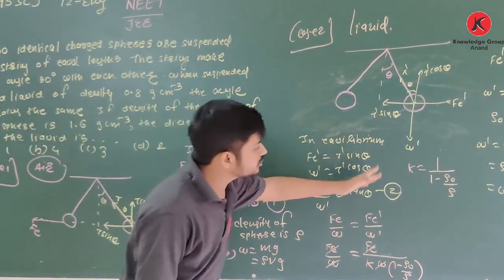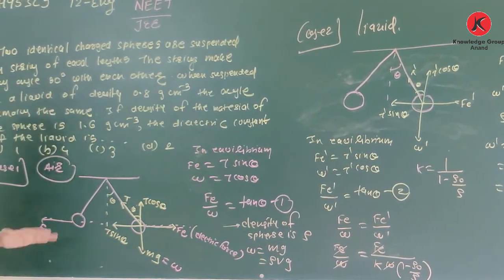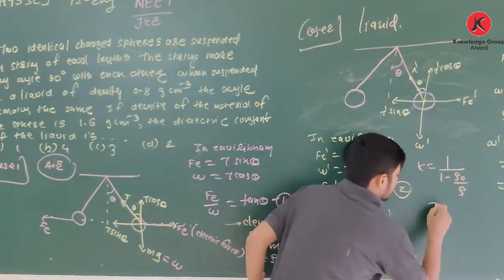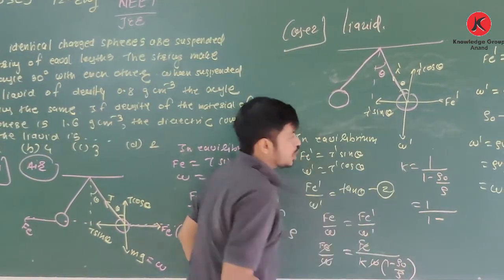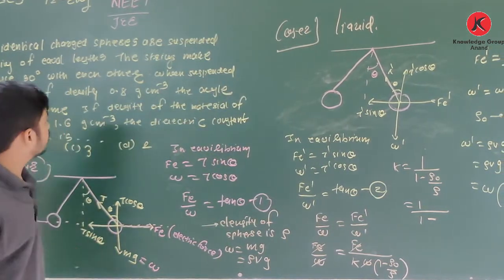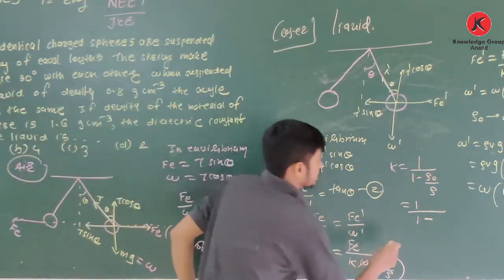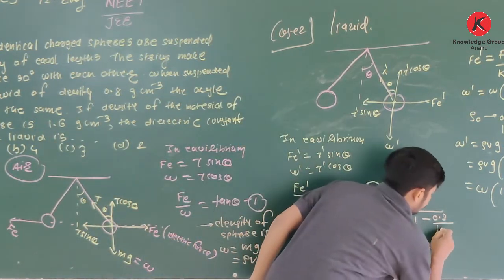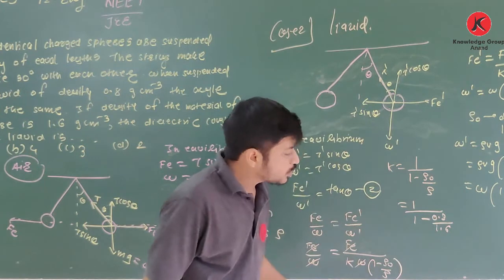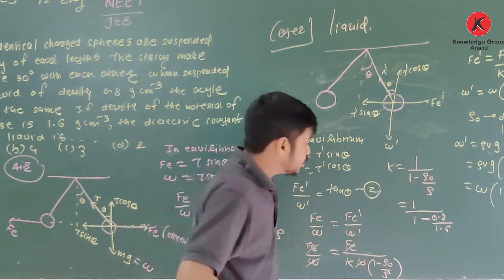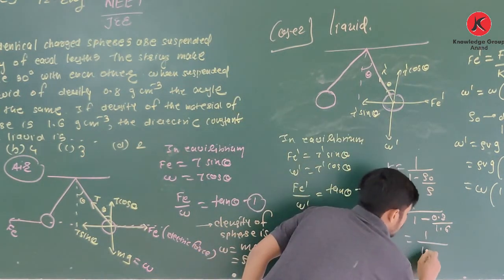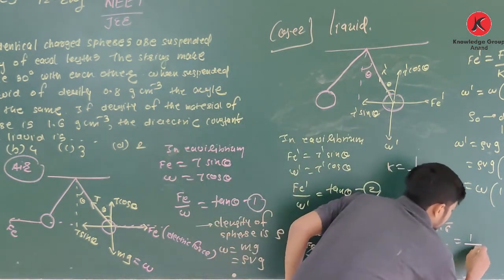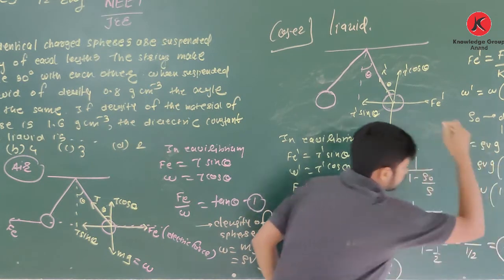So if you put these values in this equation, K is equal to 1 upon (1 minus rho 0 upon rho). The density of the liquid is 0.8, divided by the density of the sphere, 1.6. So 0.8 upon 1.6 is obviously 1 by 2. So it is 1 upon (1 minus 1 by 2), which is 1 divided by 1 by 2. So your answer is 2.